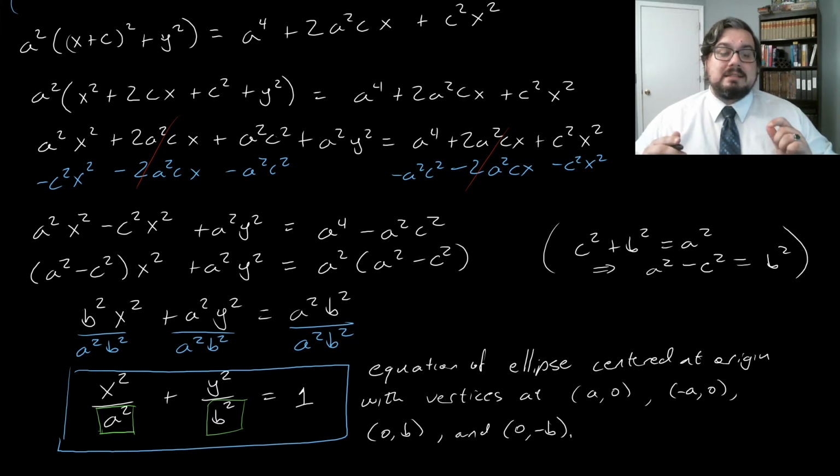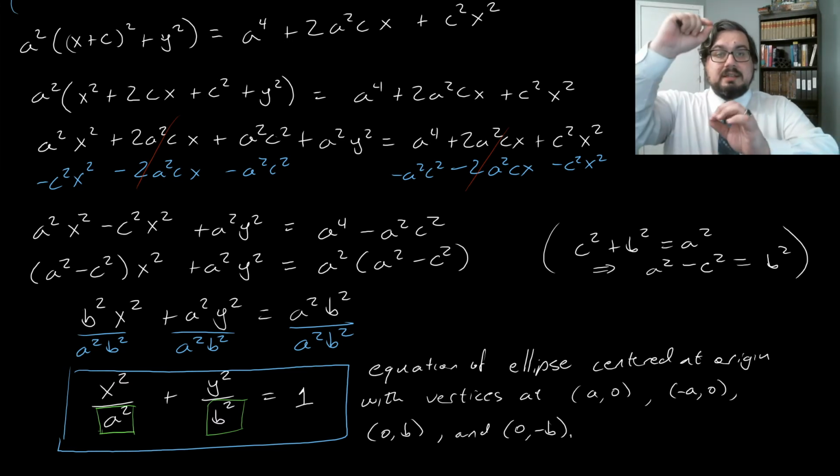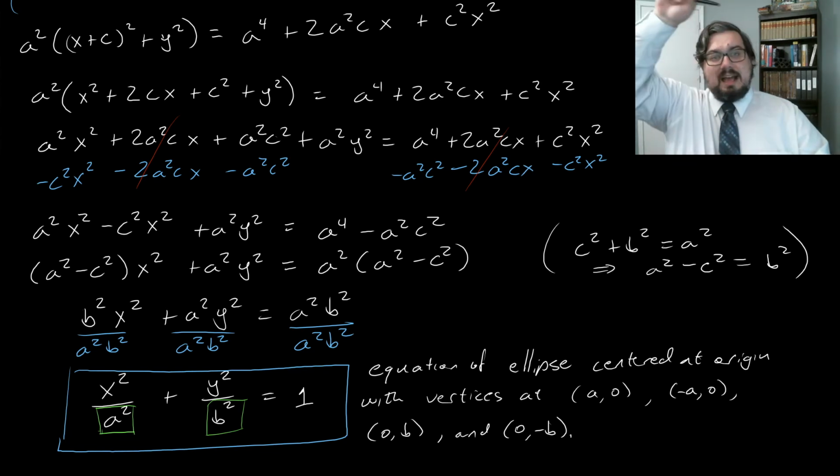And what's interesting about this whole process is that if you set it up the other way, where the foci are arranged vertically, where you still center the ellipse at the origin, center the foci vertically, and you have a sort of vertically oriented ellipse, you get the same equation.